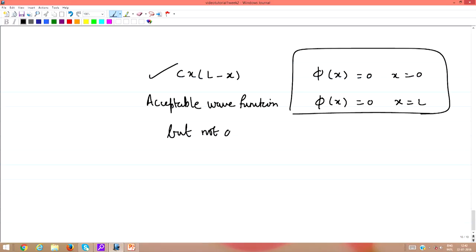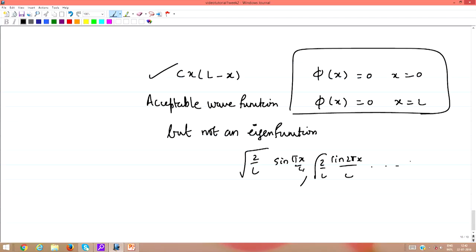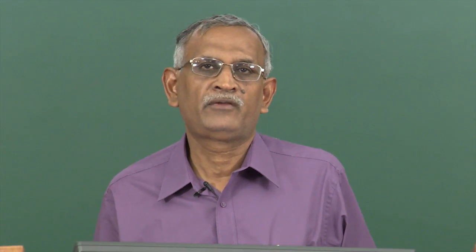In the case of a particle in a one dimensional box, we already know all the eigenfunctions, and they are given by the formula root 2 by L sin pi x by L, root 2 by L sin 2 pi x by L, and likewise an infinite number of eigenfunctions are already known. Why do we need to worry about C x into L minus x? Because we do not know the state of a system until we measure it, and quantum mechanics tells you that when we measure it, the result is one of the eigenfunctions, and if the measurement is of the energy, the result is one of the eigenvalues.